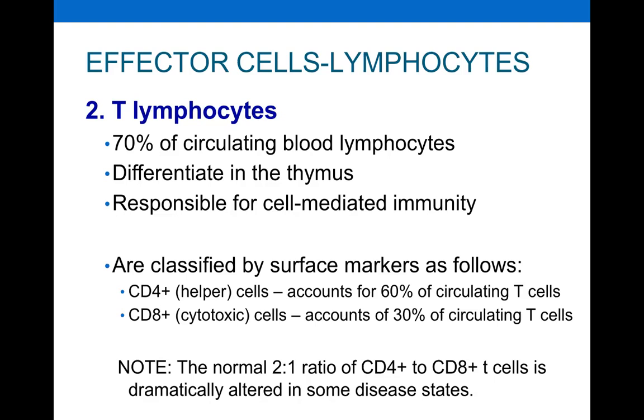Okay, the T helper cells or CD4 account for 60% of the circulating T cells, whereas your CD8 cytotoxic T cells account for 30% of the circulating T cells. Okay, note the normal 2:1 ratio of CD4 to CD8 T cells is dramatically altered in some disease states, specifically in immunodeficiency states such as HIV.